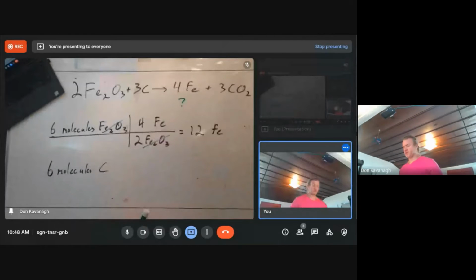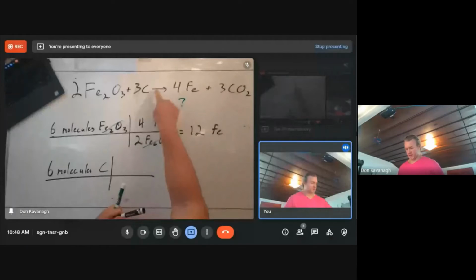So we're starting with 6 pieces of peanut butter. And in this reaction, it is a 3-to-4 ratio. So we're going to use these 2 numbers from the balanced chemical reaction to put into our scaffold. The 3C has to go on the bottom because that is the only way something cancels in our scaffold.